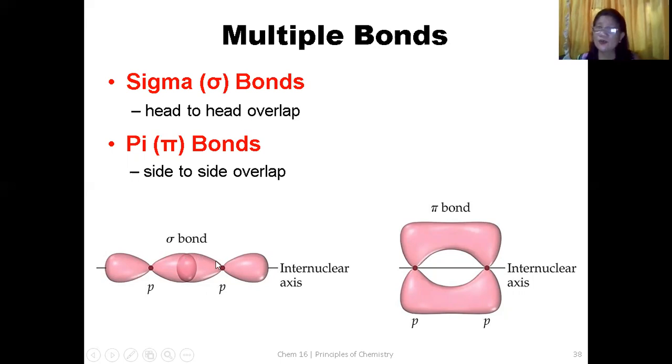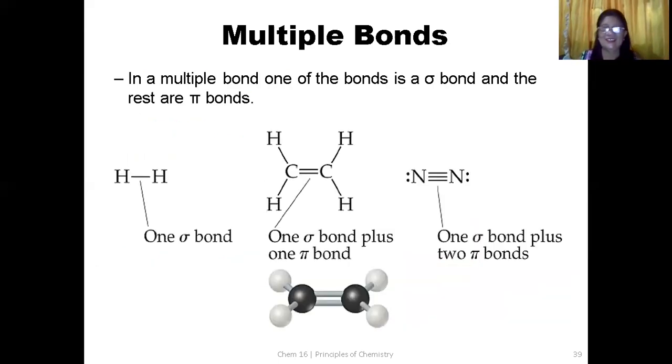This is your molecule. Head to head means if it becomes a double bond, the second bond of the double bond is a pi. If this is one bond, that is a sigma, because it is head to head.